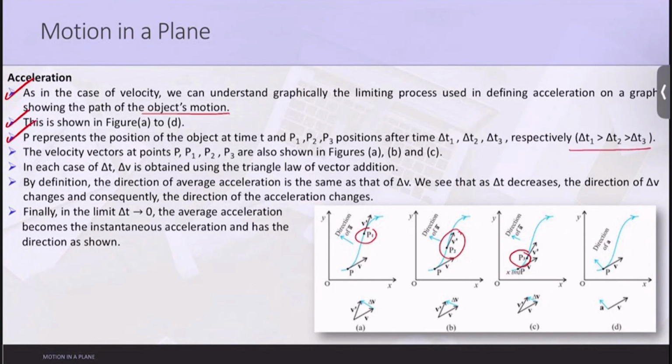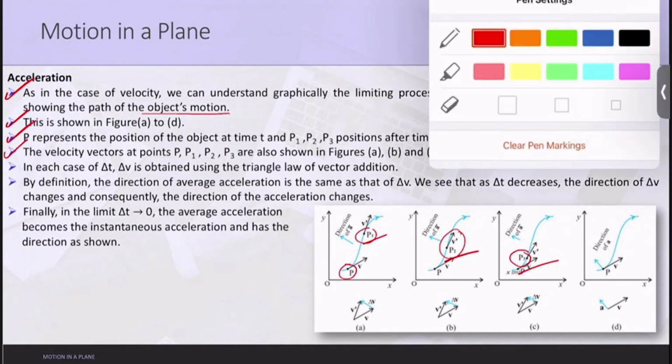This is the similar case which we understood in the previous velocity concept. The velocity vectors at points P, P1, P2 and P3 are also shown in figures A, B and C.